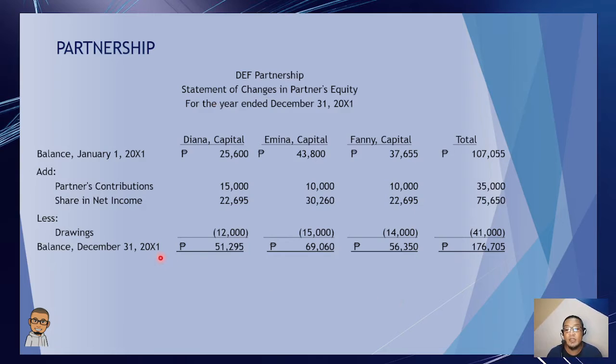Now, don't forget to double underline sa total kasi that will show the users na yun na yung pinaka grand total natin. Now, that will be also your balance as of December 31, 2021. And then, the balance will be shown for each individual partner naman sa ating balance sheet. Okay, so, ganun yung magiging format natin.